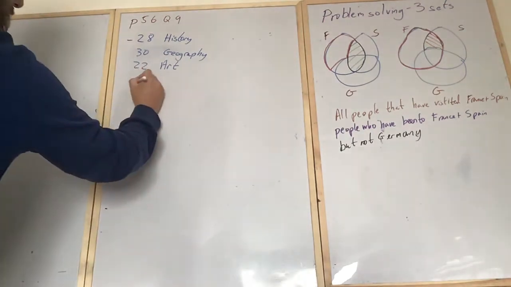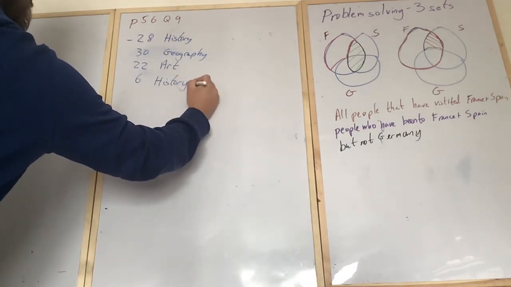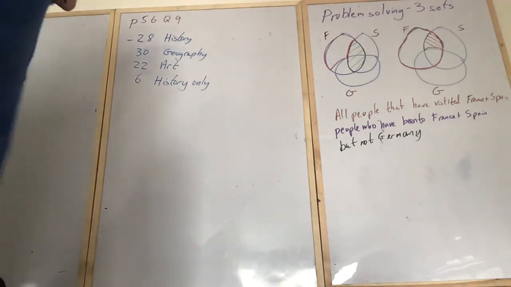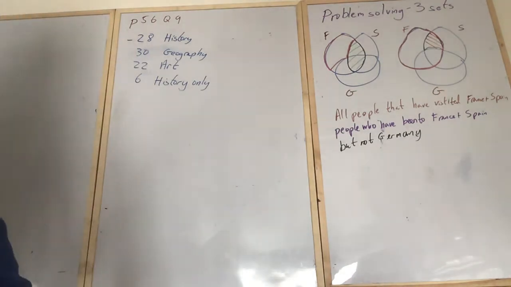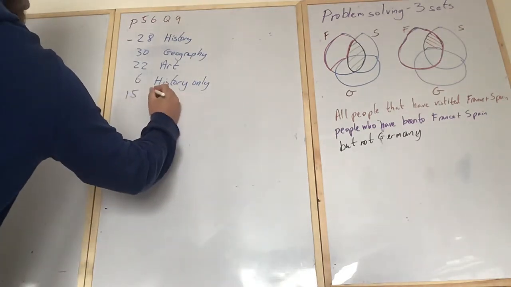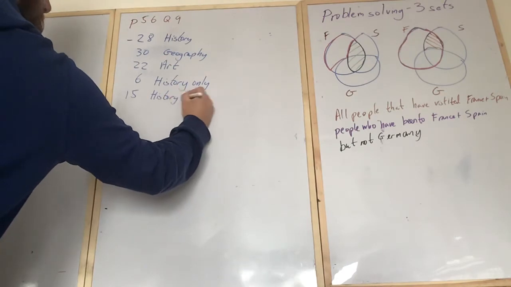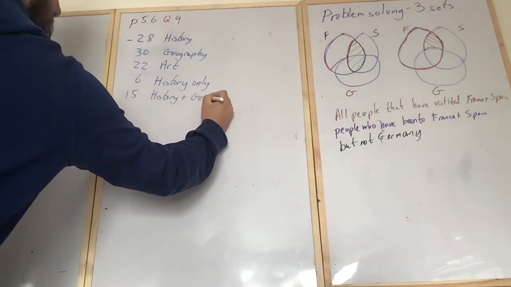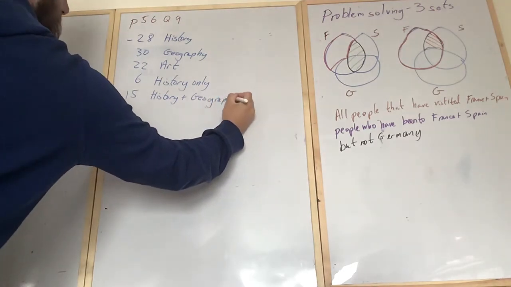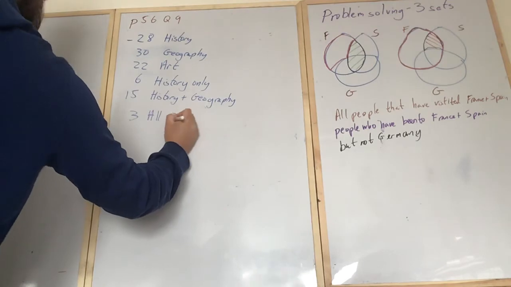So here we go, we've got our history only. 6 studied history only, we'll know where that goes. 15 studied both history and geography. So 15 history and geography, and then we had 3 studied all 3.